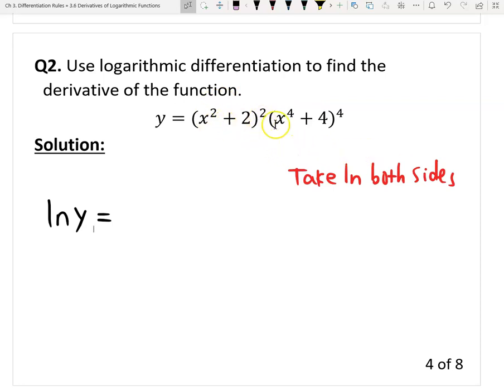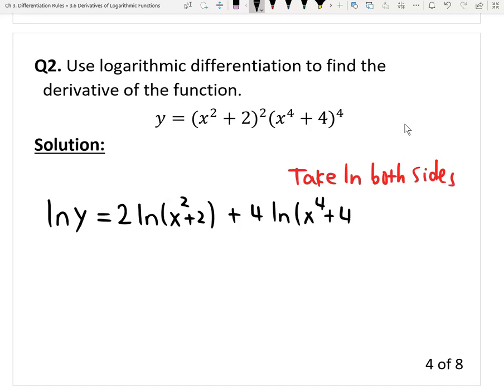Remember, first the product rule of log, so we get plus, and then the power rule of log. We can take the power down, and therefore we get a linear combination, which is 2 times ln of x squared plus 2, right, plus 4 times ln of x fourth power plus 4.